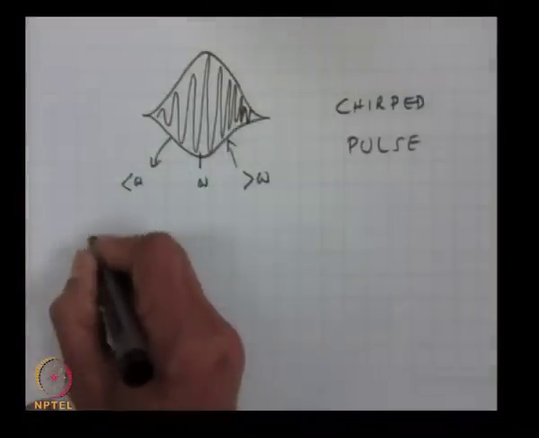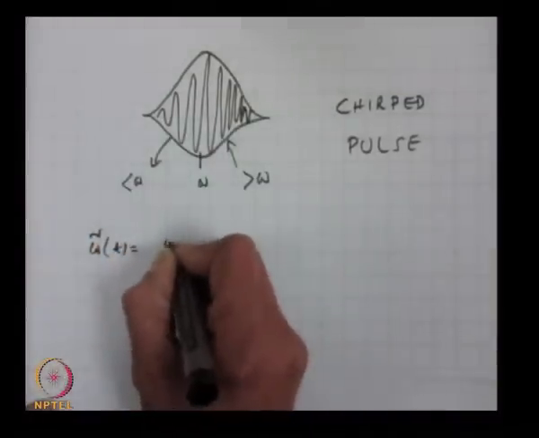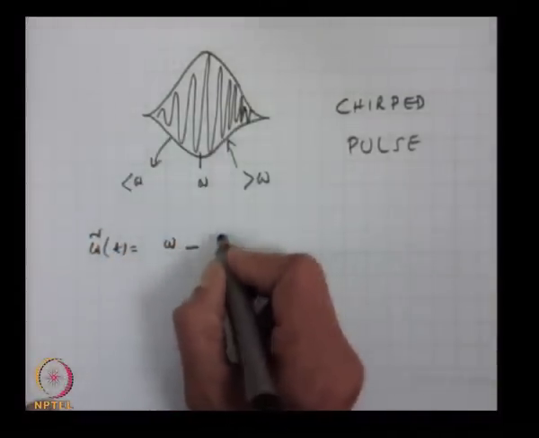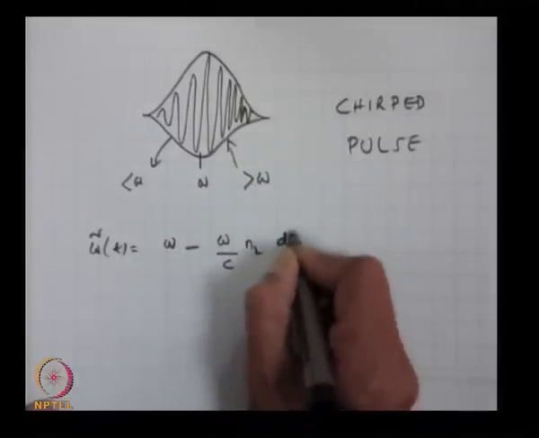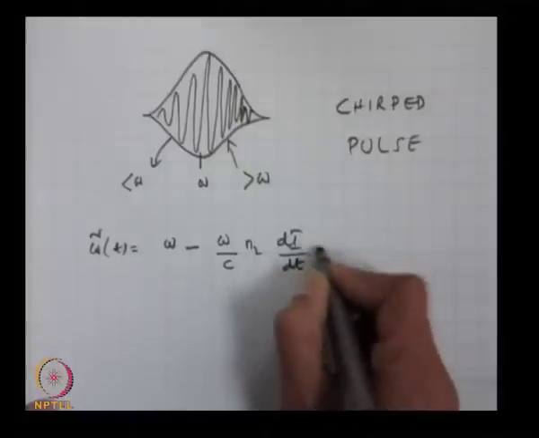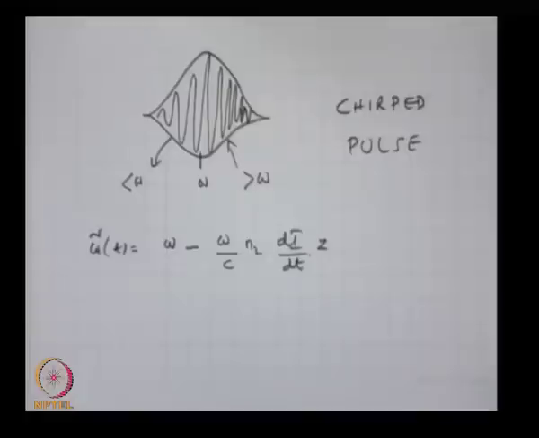Okay, so let me calculate what is the typical. Let's put some numbers and calculate. Okay, so let me rewrite this equation. Omega tilde of t is equal to omega minus... Is there something wrong in the equation dimensionally?